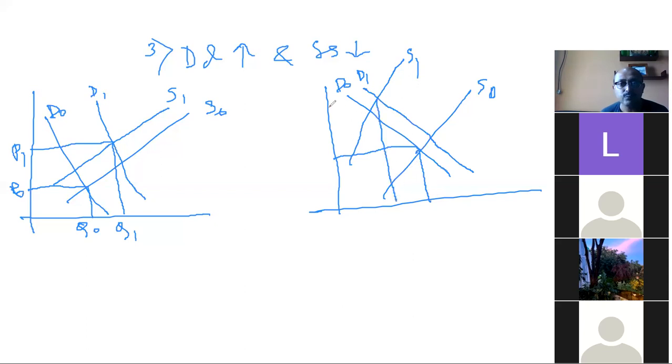Why? Because both are putting upward pressure on price. So price is going up from P0 to P1, but quantity is reduced. Why? Because proportionate decrease is higher than increase. This is the difference. In both the cases, price is going up. But here the decrease is higher than increase, so the quantity is decreasing.